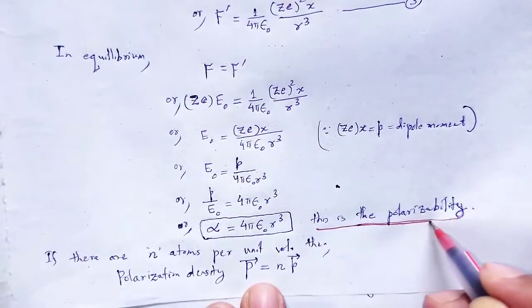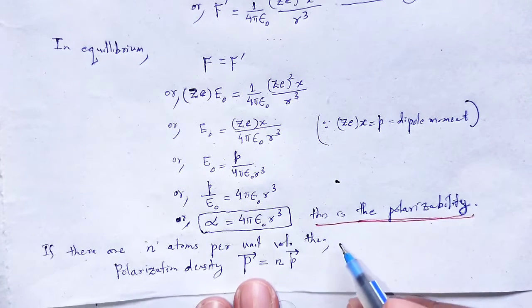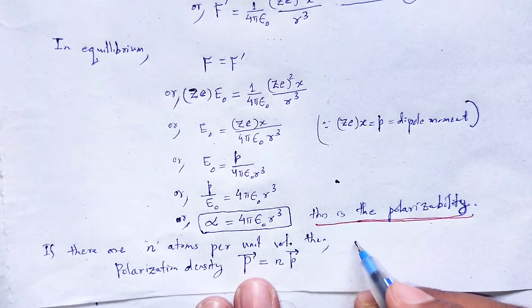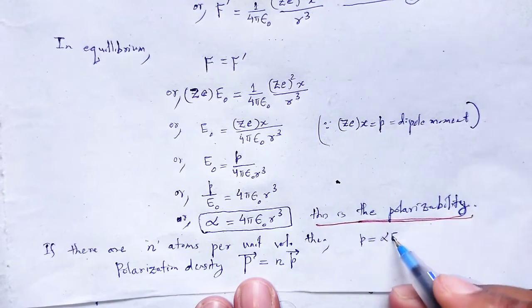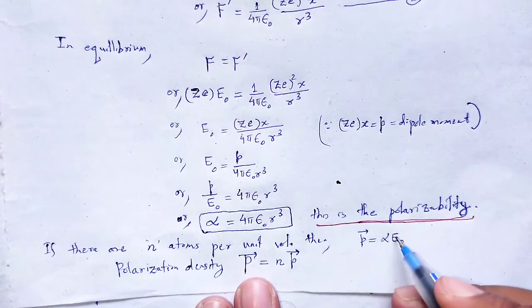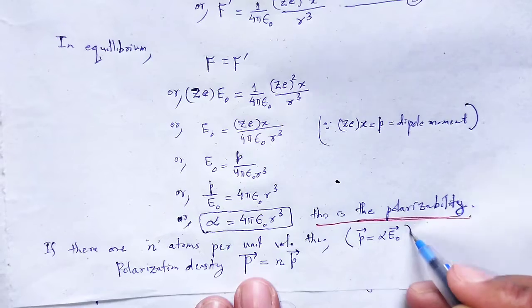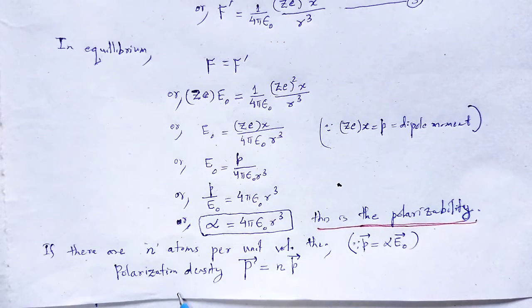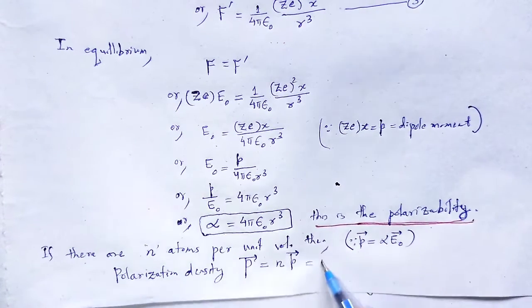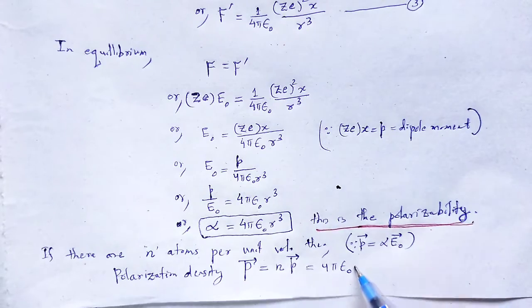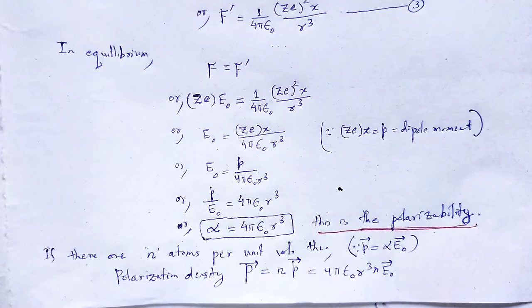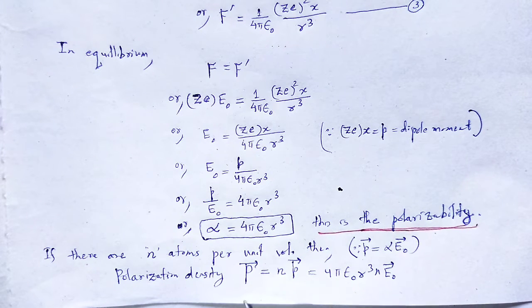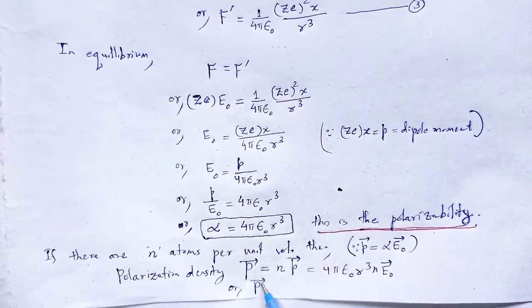As small p is equal to alpha into E naught, therefore polarization density capital P is n into small p, that is 4 pi epsilon naught r cube n into E vector.